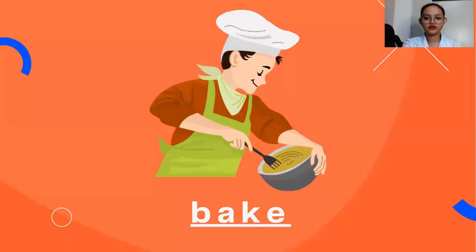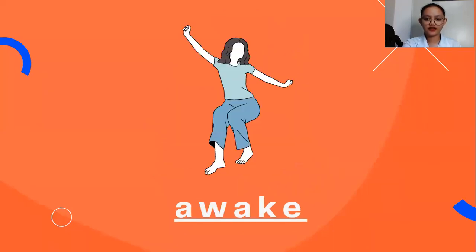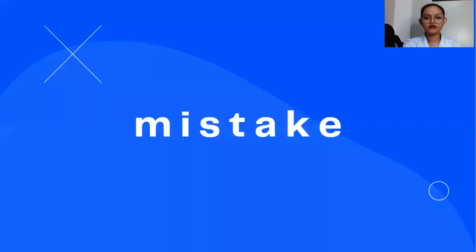Okay, the first one is bake. The next one is cake, and last is awake. Okay, now our sight word again is mistake. So, what is something in common between this sight word and those three words that I showed you?